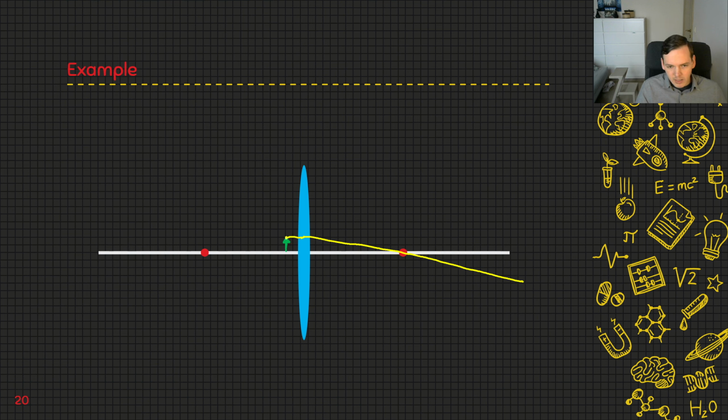Then we're going to draw a line through the center. Something like that. Then we have to draw a line through the focal point. But there's no lines from the top of this arrow that go through the focal point, so instead we pretend as if it came from the focal point.